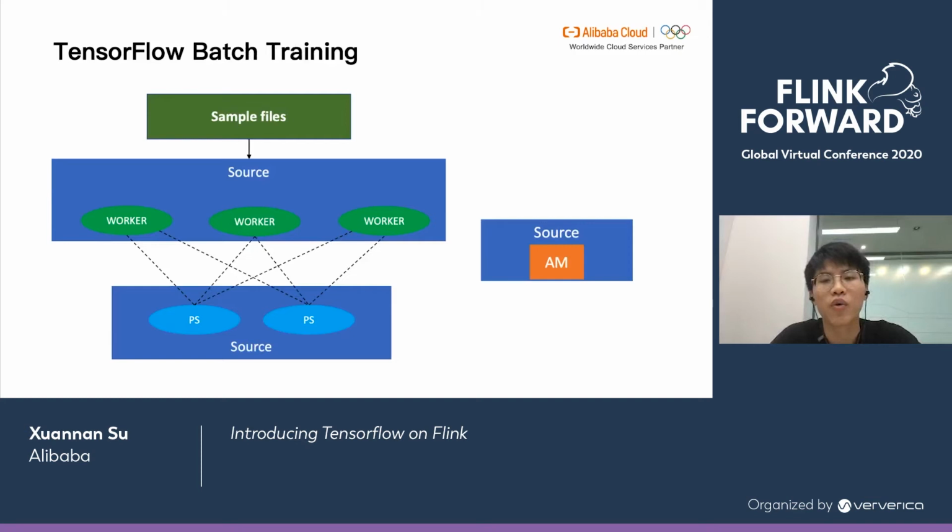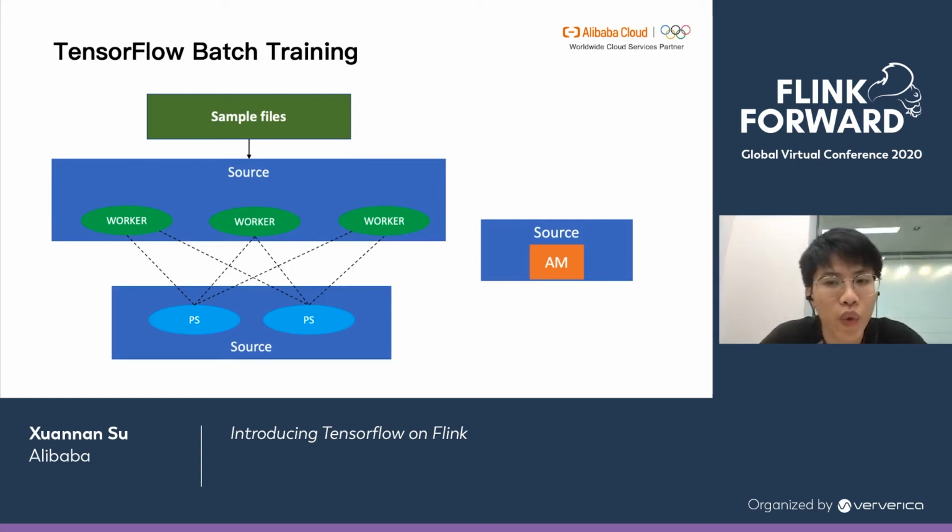Here's the first case we will look at. This is the case when you have your training data ready, called the sample files in the picture. We call this case batch training. In this case, you can use the operators provided in TensorFlow to read the data directly. The sample files are typically stored in some kind of distributed file system and can be accessed by the workers in the cluster.